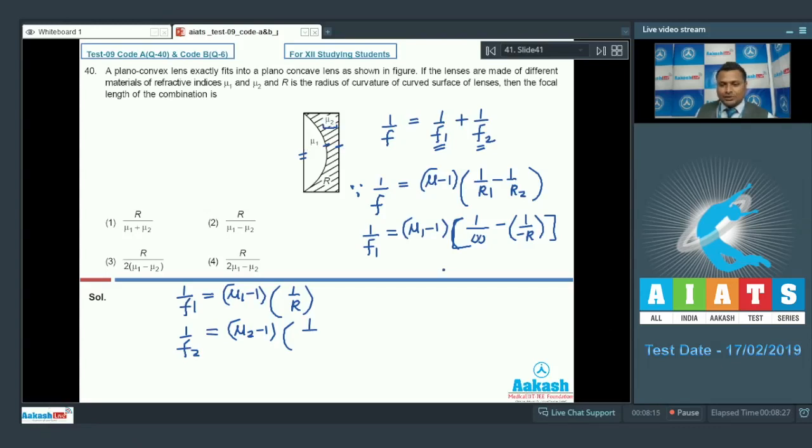We know that the radius of curvature for a plane is infinity, so we will get minus R as a result. Now this is equation number 1, this is equation number 2.